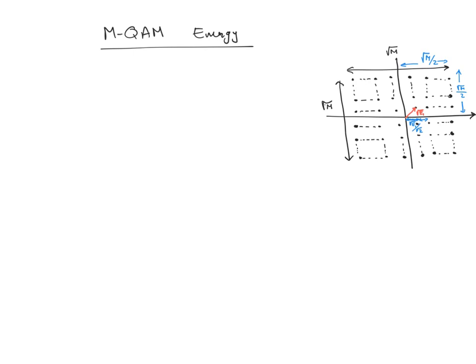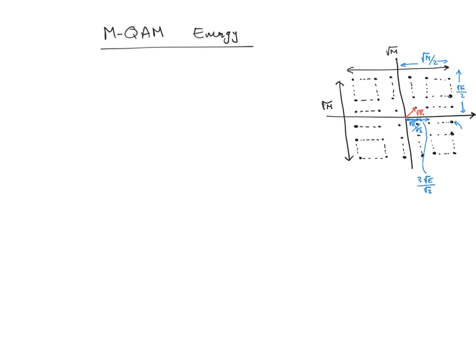So this point is going to be on the x-axis at 3 root E divided by root 2, and then the next and the next and so on until you reach the last point, which is the x-coordinate of that point.